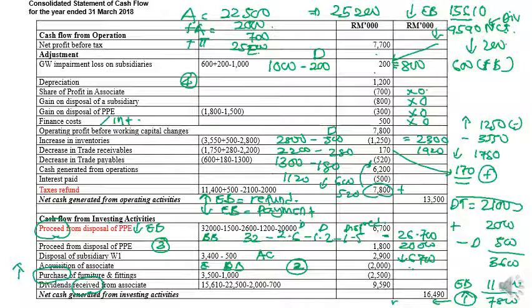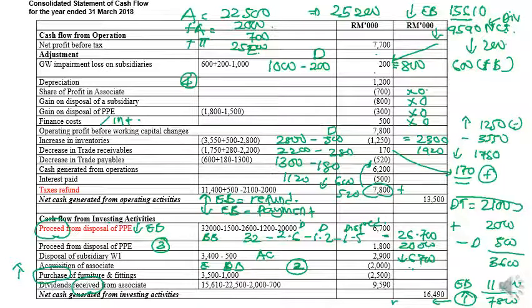So we're going to look at your associates here. Maybe we need some space here. Okay, can I put it here for the associates? For the associate we're going to calculate here. If you look at the associates, beginning balance 22,500, and then plus the one that you acquired, which is 2 million, and also plus share of profit.